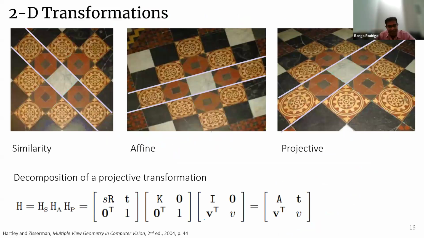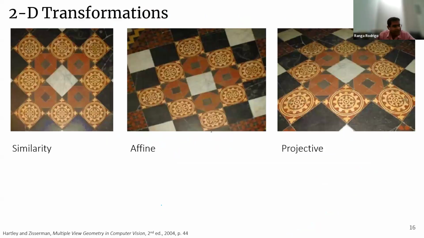This is what we did last time in our code, but before that, we will see these transformations in reality. For example, if you keep the camera axis perpendicular to the floor of a tiled floor like this, you'll get a scaled version of this, or a rotated version of that, and that we can call a similarity.